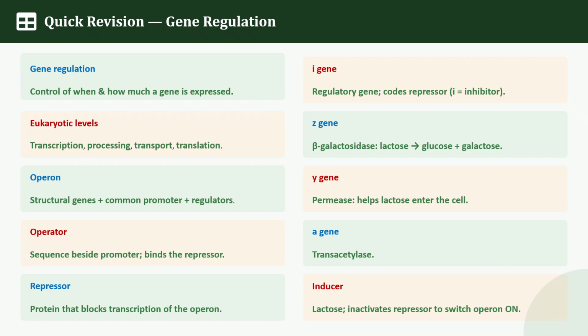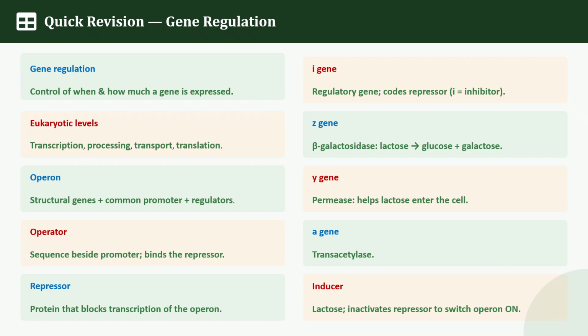The repressor is a protein that blocks transcription. The I gene produces the repressor, and I stands for inhibitor. The Z gene produces beta galactosidase, which splits lactose into glucose and galactose. The Y gene produces permease and also helps lactose to enter the cell, and the A gene produces trans-acetylase.